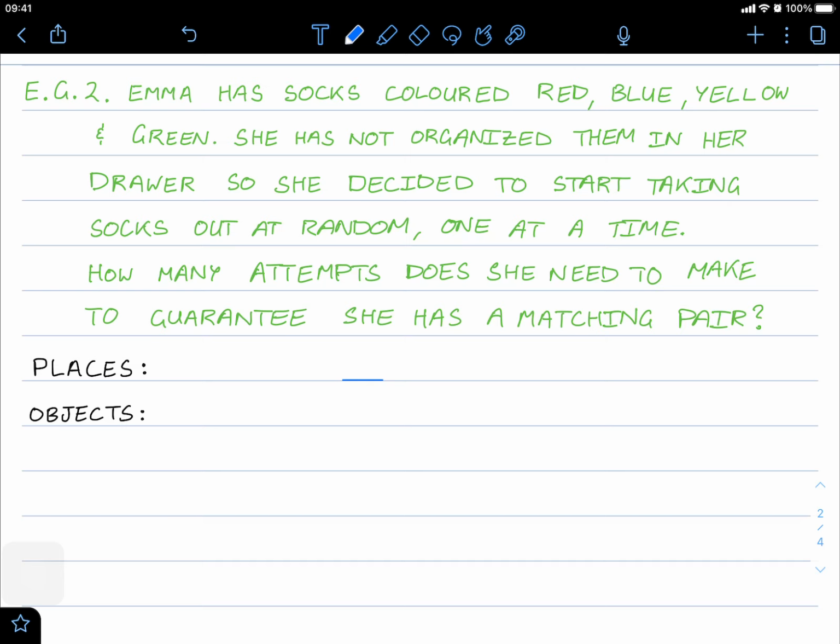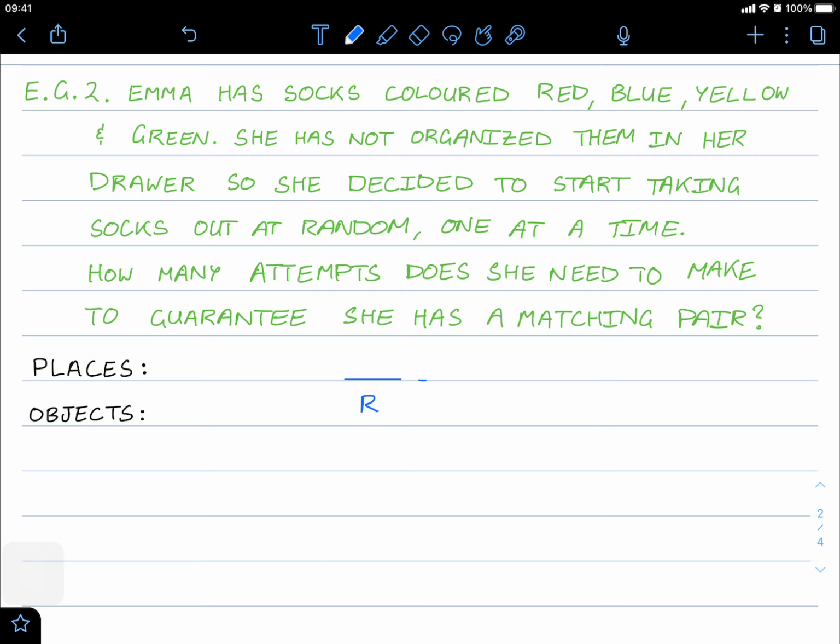Let's say this is my first attempt. She could get 1 red sock. Here's my next attempt. She could get a blue sock. Oh, this doesn't quite make sense, does it? If we switch them around, let's take a look.